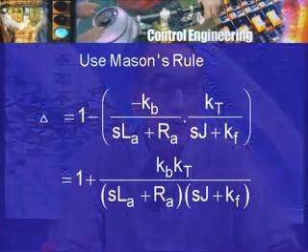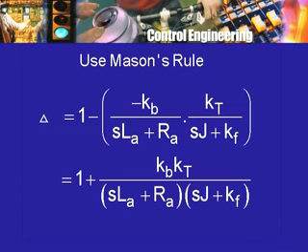There is only one loop here, so delta is 1 minus the sum of all the loop gains, and since there is only one loop, with a minus sign, I will have minus Kb divided by SLA plus Ra into Kt divided by Sj plus Kf, or 1 plus Kb into Kt divided by these two linear factors, SLA plus Ra into Sj plus Kf. Okay, this is delta.